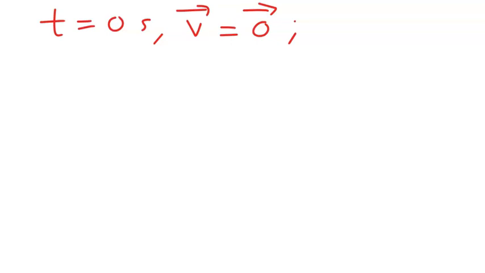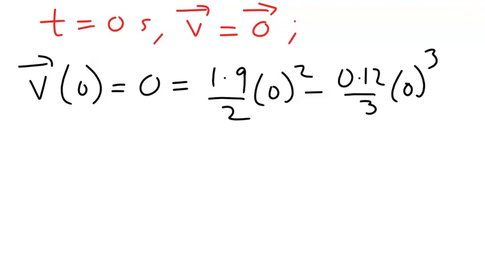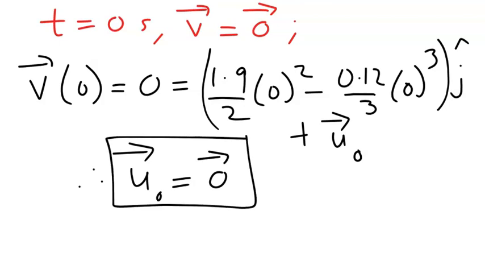Now utilizing this in the expression just derived, we get v at time equals 0, which is 0, equals 1.9 over 2, 0 squared, minus 0.12 over 3, 0 cubed, plus, do not forget the j hat, plus u naught. So immediately we see that the integration constant u naught is a null vector, so it's 0 as well.